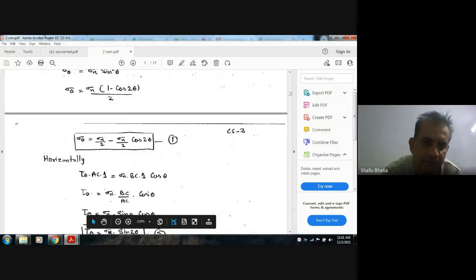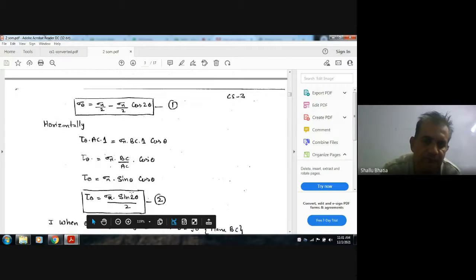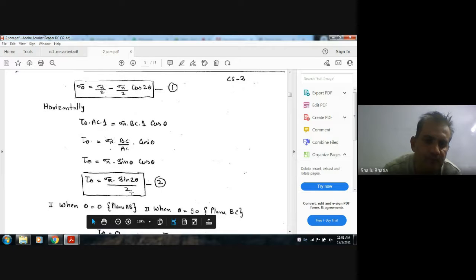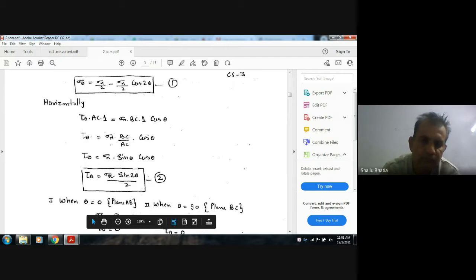So this AC will come here, and again BC by AC is sin theta, and it will become sigma x sin theta cos theta, and we know that 2 sin theta cos theta is sin 2 theta, so we can write tau theta is equal to sigma x sin 2 theta by 2. Okay, so this is the second equation.